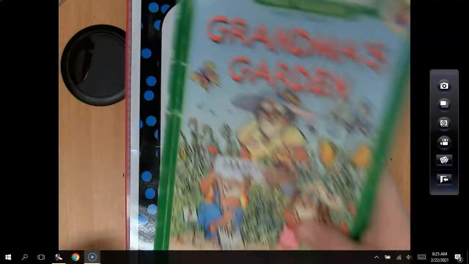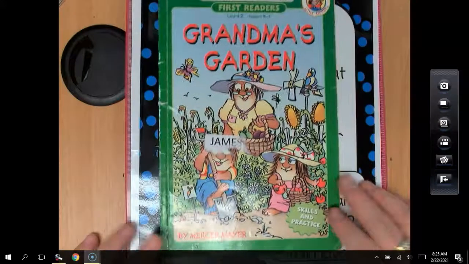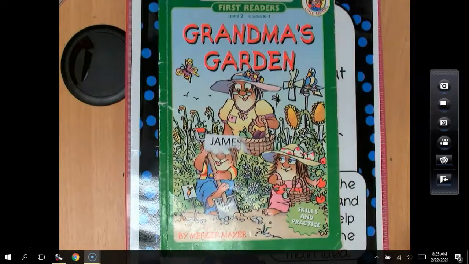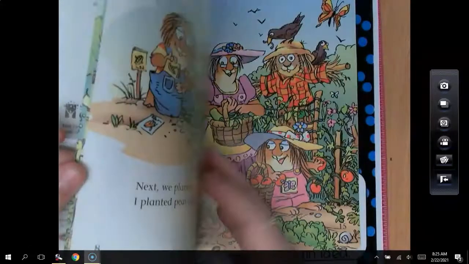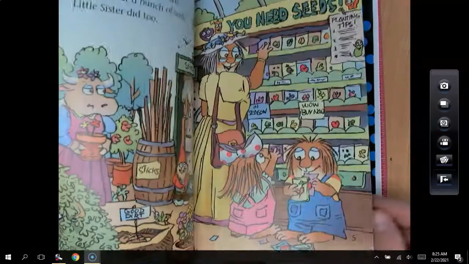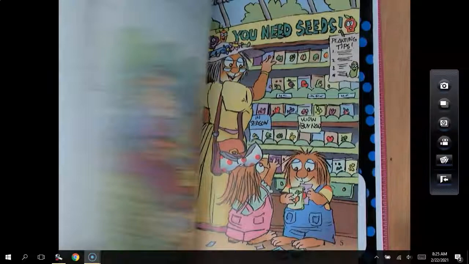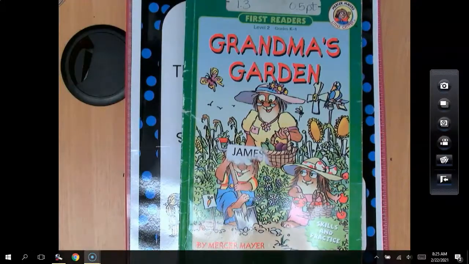For instance, if I have a fiction story, in this case Grandma's Garden, it's a small short story. There's no chapters. It's a fiction story, so it's not true. I would read the entire story and ask myself, now what was that story mostly about? And I would be able to tell what the story was mostly about.